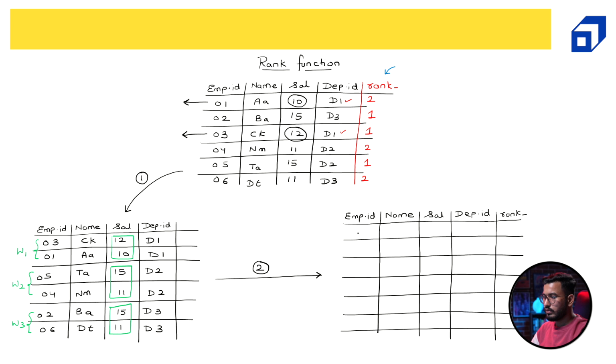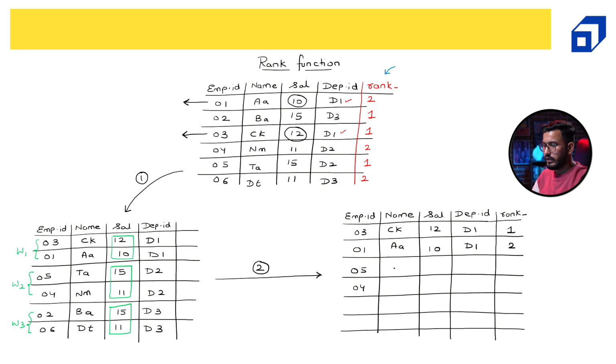Here we have 03, 01, CK, AA, 12, 10, D1, D1, and this will be rank 1, rank 2. And the other department: 04, 05, TA, NM, 15, 11, D2, D2, rank 1, rank 2. Then 02, 06, BA, DT, 15, 11, D3, D3, 1 and 2.